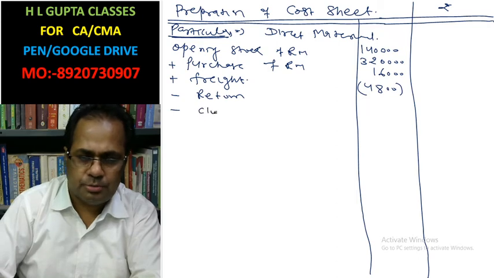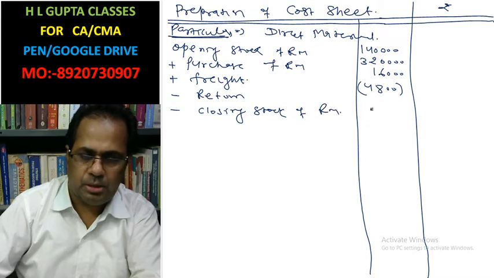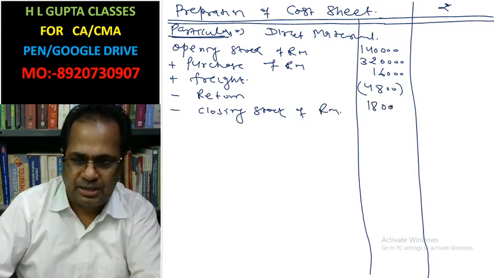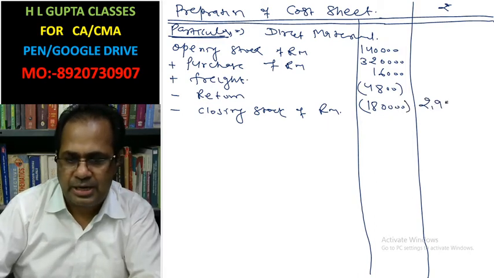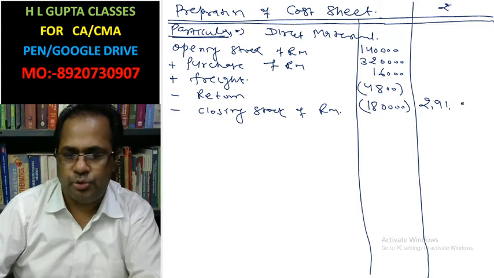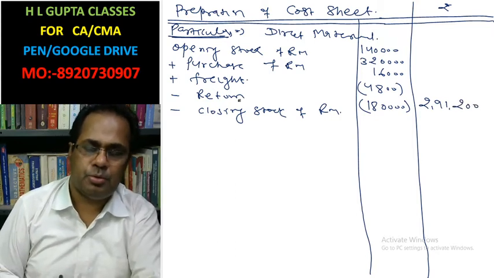Closing stock of raw material 1,80,000. Total raw material consumed, consumption of raw material, 2,91,200.